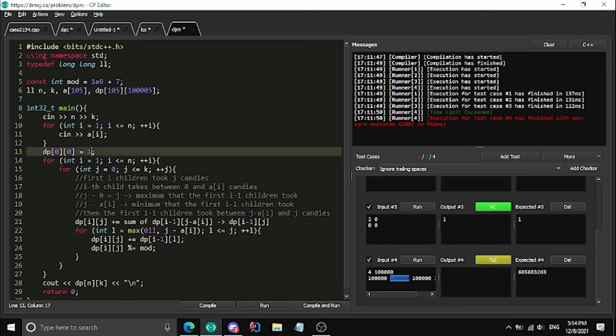First of all, our base case is going to have to be different. We're going to construct our base case based on the prefix sum array.